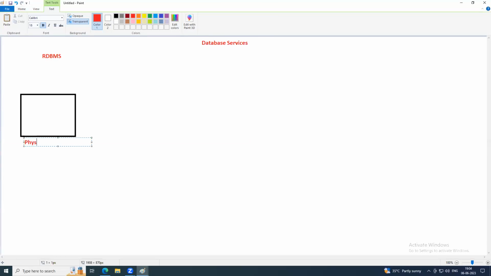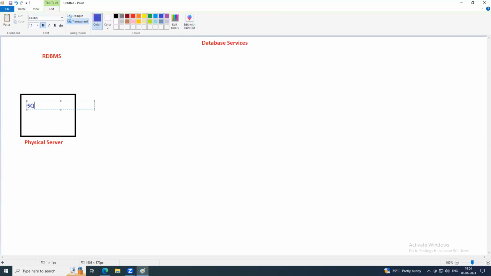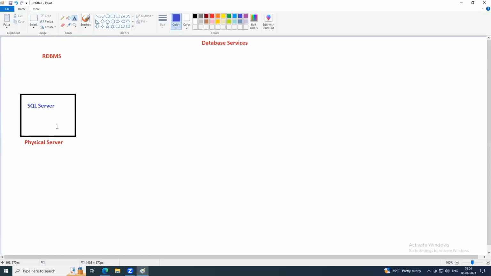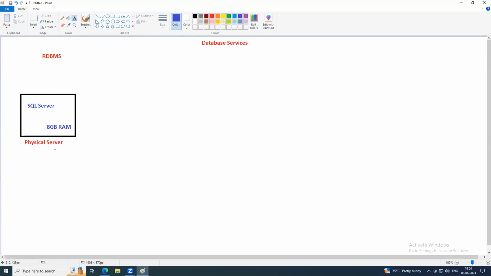And I have installed SQL Server, for example, here. And it has, let's say, 8 GB RAM.